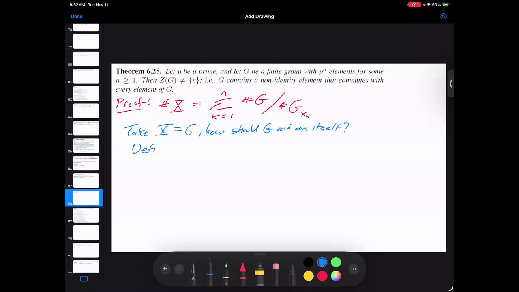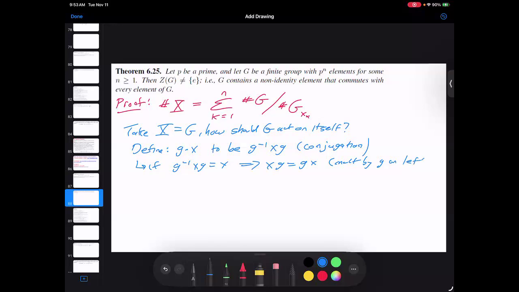Let's define g dot x to be g inverse x g, and this is called conjugation. This turns out to be a really natural thing to look at. Why? If g inverse x g equals x, that implies xg equals gx. Multiply by g on the left.